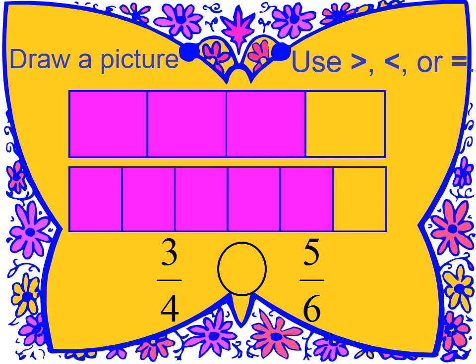The second rectangle is divided into 6 equal parts and we color only 5. Now after you draw, you can see which is bigger, 5 out of 6 or 3 out of 4. Good, 5 out of 6 is greater than 3 out of 4. This is the first way, drawing.